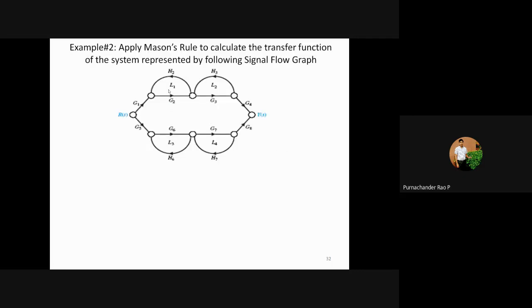No. So we'll solve one more problem here. Anyone, can you tell me how many forward paths are there for the circuit? Again, 2 forward paths.